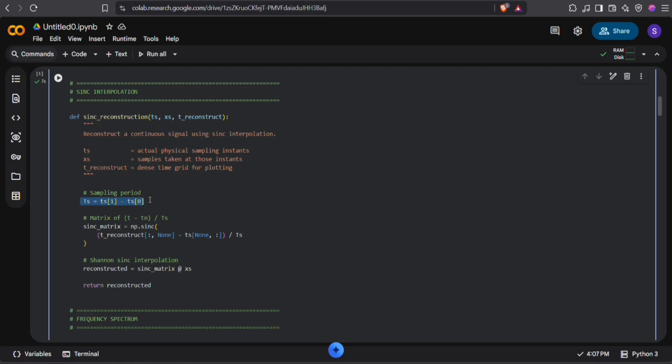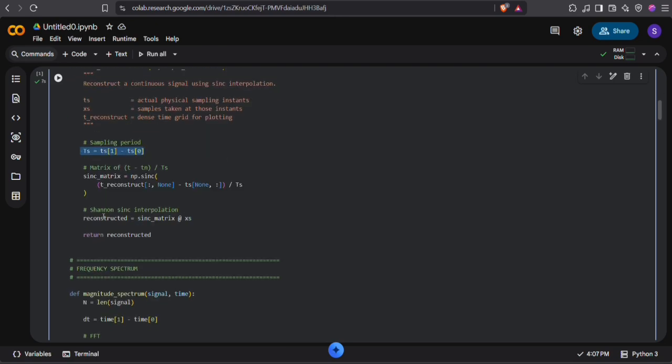All the shifted sinc functions are then added together, and mathematically the reconstruction is xr(t) equals the summation of x[n] sinc((t − nTs)/Ts). This gives me a continuous looking reconstructed waveform from the discrete samples.